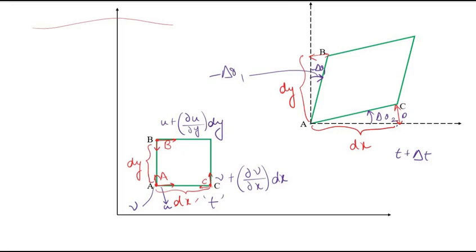Now the velocity that we are going to consider is in the y direction. As you can see here, I've put the y and x directions both. In the x direction, the velocity at A would be u, and in the y direction, the velocity would be v. So here my velocity in the y direction is v. If I want to calculate it at a distance at time t, what will be my velocity?